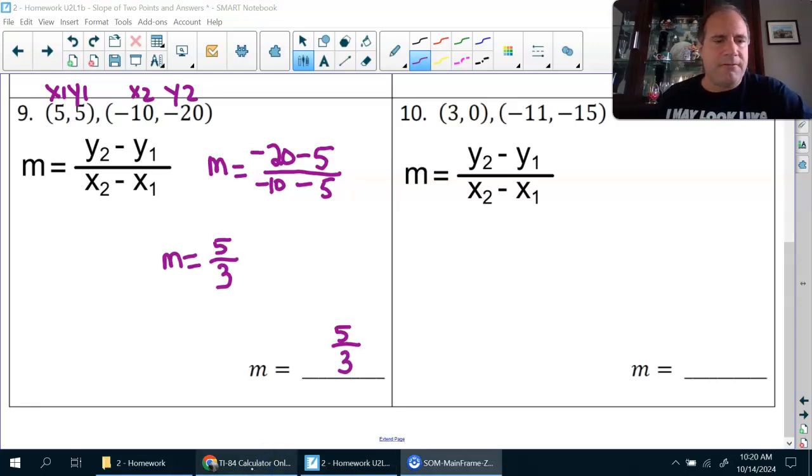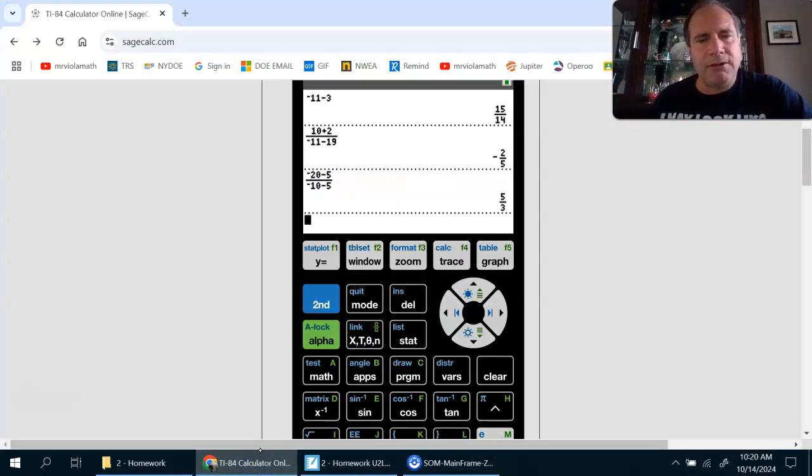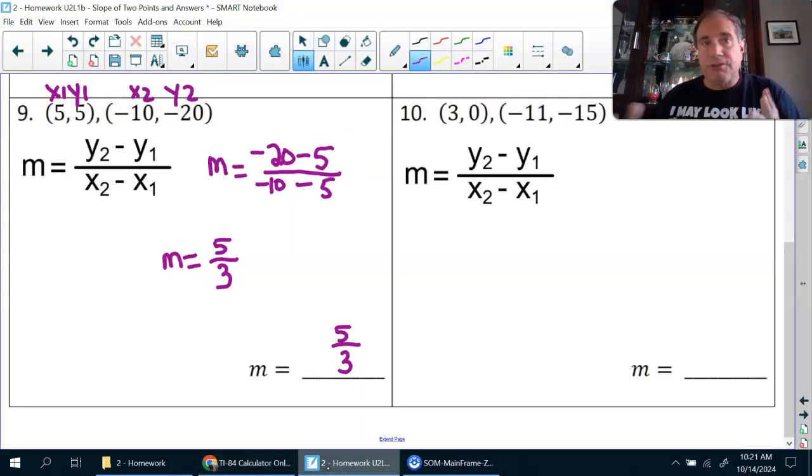All right, and then it's 5/3, and there it is in the calculator right there. -20 minus 5 over -10 minus 5, 5/3, and it calculates the correct sign, and there is just no error that you could make unless you substitute the numbers into the calculator incorrectly.